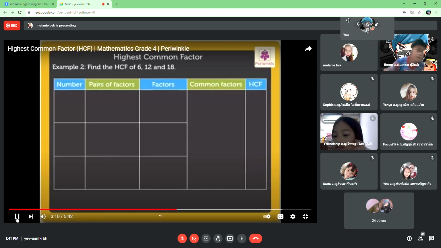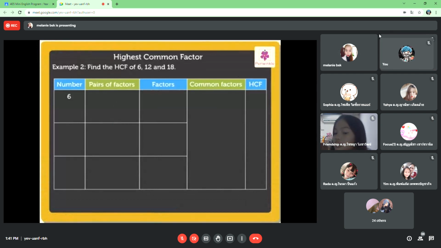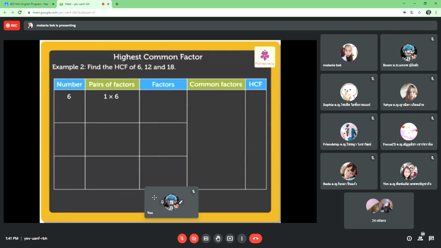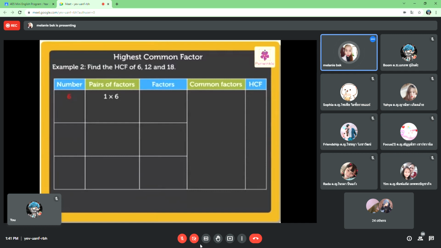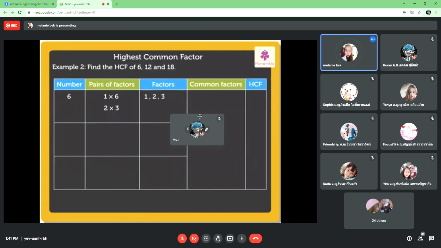Here, the pairs of factors of number 6 are 1 times 6 is equal to 6, and 2 times 3 is equal to 6. Thus, the factors of 6 are 1, 2, 3, and 6.